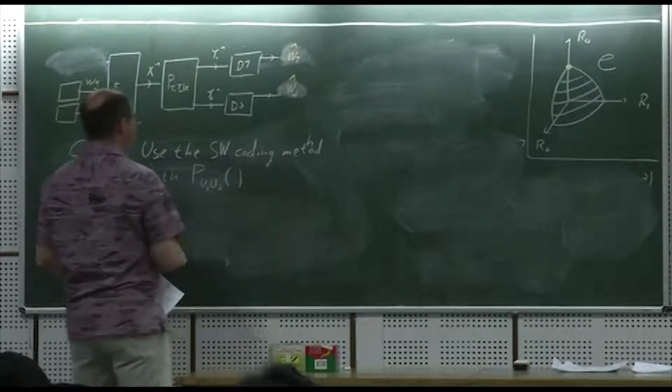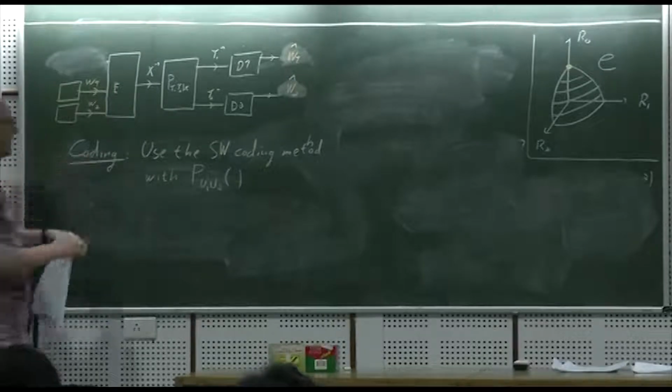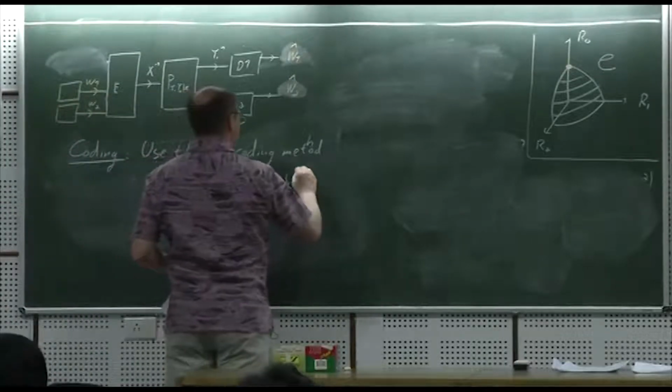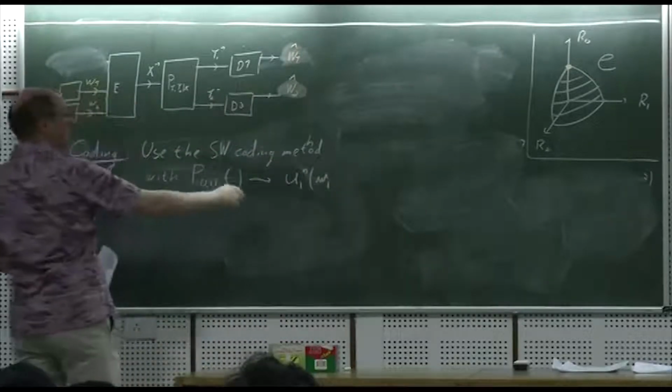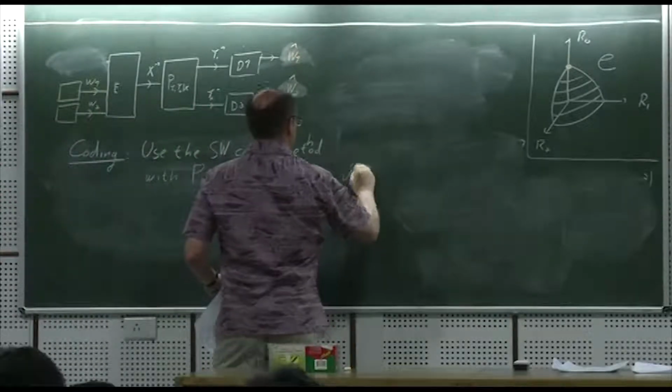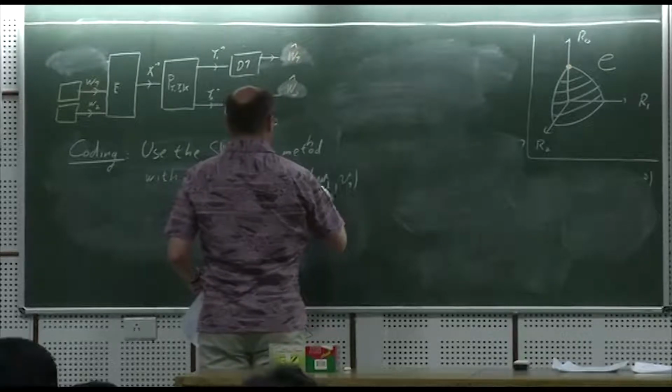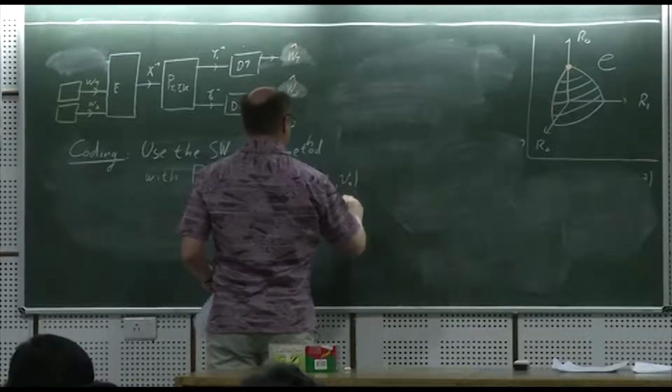Okay, so what we'll do is we'll have codewords U1, W1, so there's my first message, W1, V1, and codewords U2 and W2, V2, right?